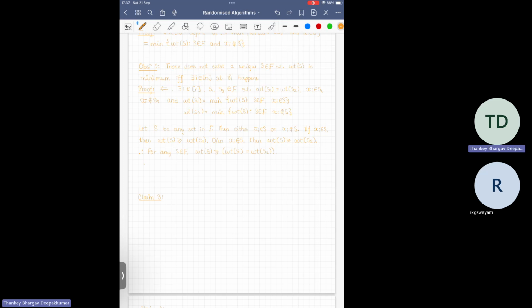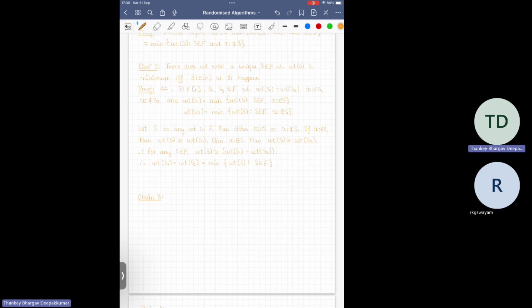So the weight of S1 and S2 is the same, and this is minimum among all S in F. So we do not have a unique minimum S, right?